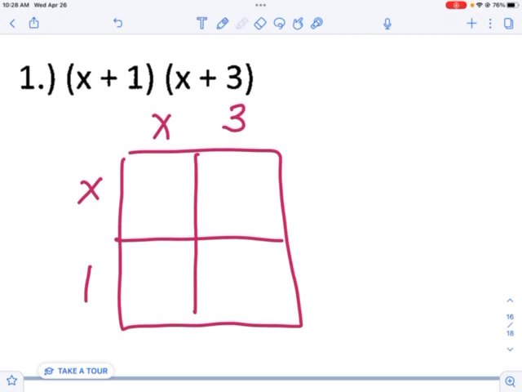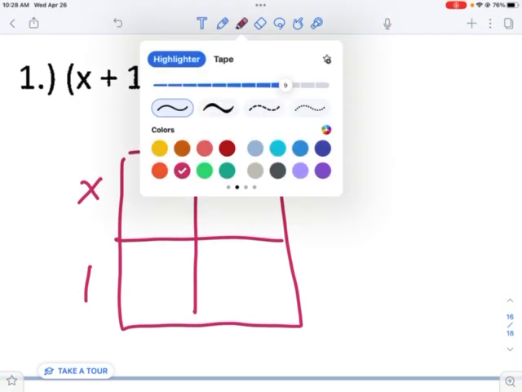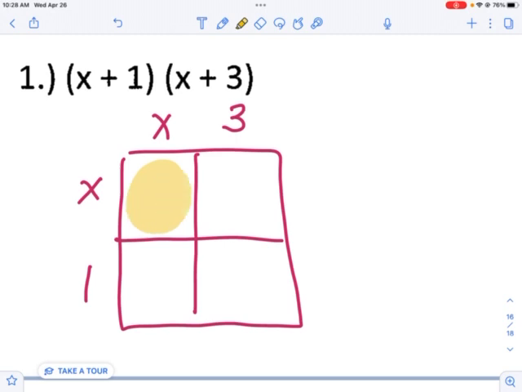So now what I'm going to do is I'm going to see, well, what number goes inside my yellow box? Well, I'm going to multiply x times x. And x times x is x squared. Product rule, right? These are the first power. Now I'm going to multiply 1 times x and fill in this box. 1 times x is 1x.